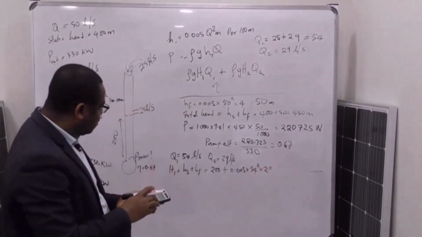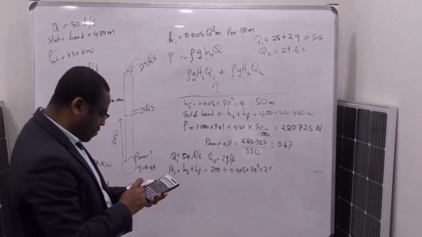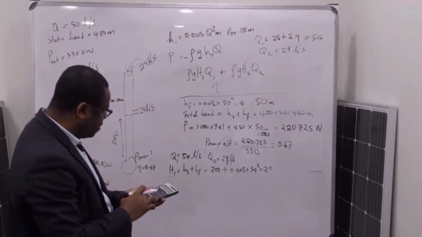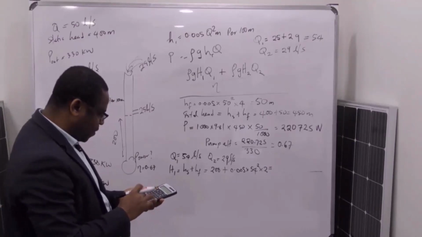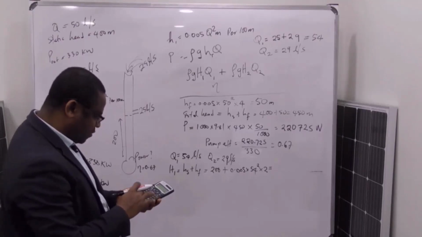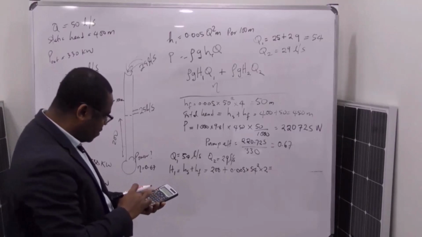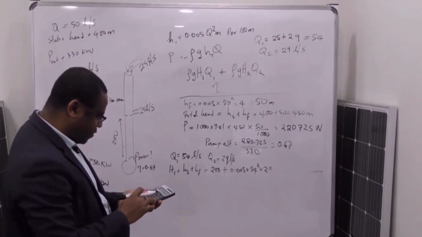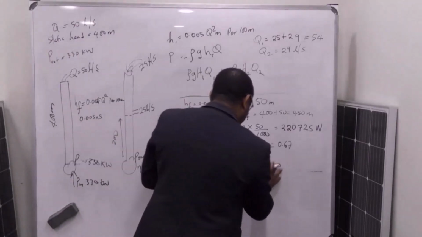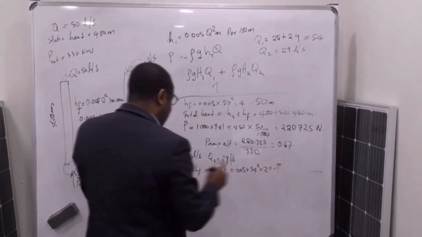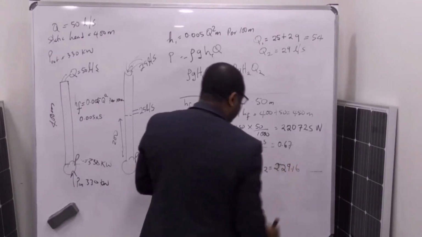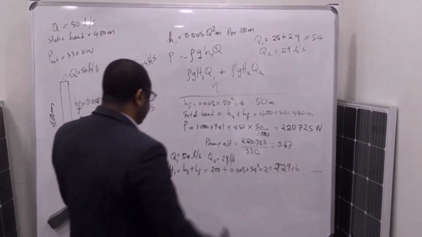Okay, so we'll get 0.005 times 54 squared times 2, which is 29 point something, plus 200, so 229.16 meters.